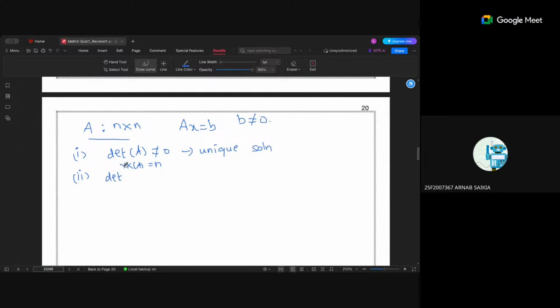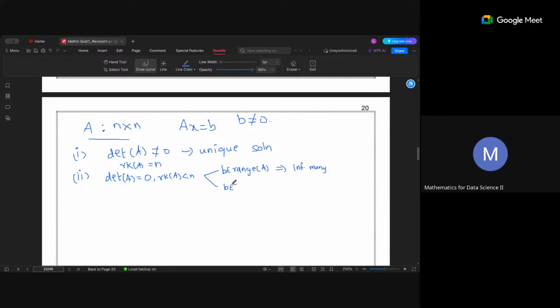So if the determinant of A is equal to 0, this means the rank of A is strictly less than n. In this case, two things can happen. If b belongs to the range of A, or the span of the columns of A, then you will have infinitely many solutions.